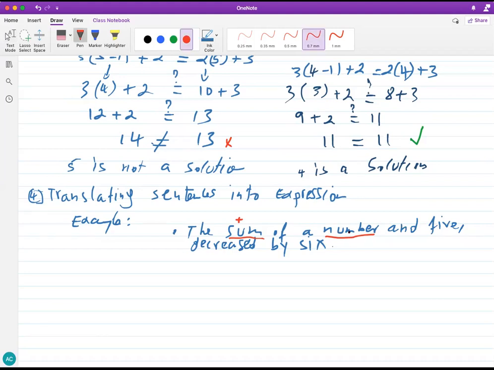So a number, we could refer to it as x or z or y or any letter. It doesn't really matter what letter you use. So the sum of a number x and 5, obviously 5 is 5. And when we say decrease, what is the operation associated with that?